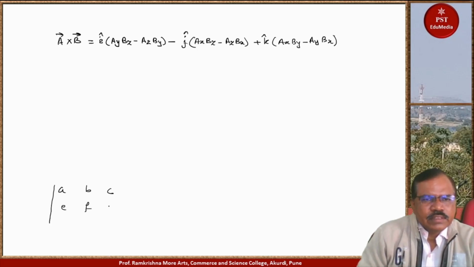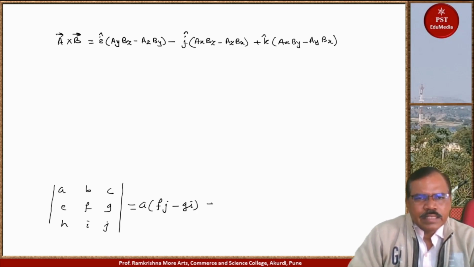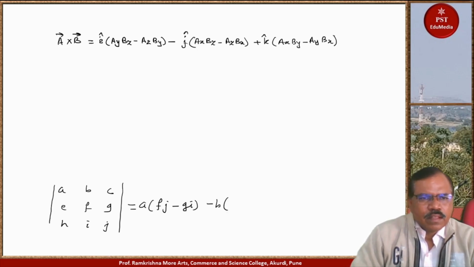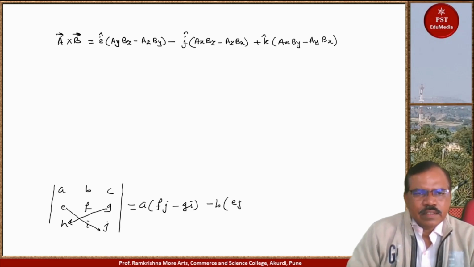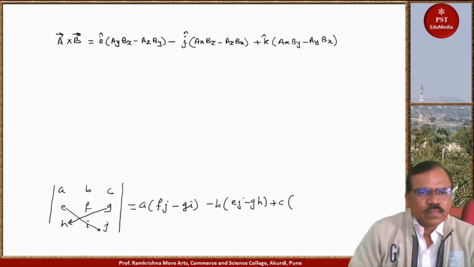Now we have seen, suppose we have a determinant with rows A, B, C; E, F, G; H, I, J. Then we find this as A into (FJ minus GI) minus B (EJ minus GH) plus C (EI minus FH).